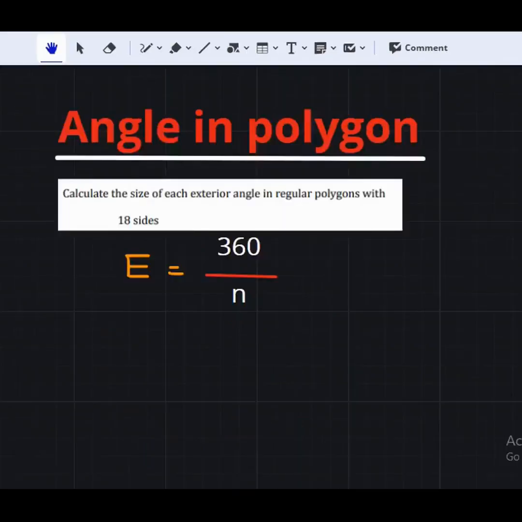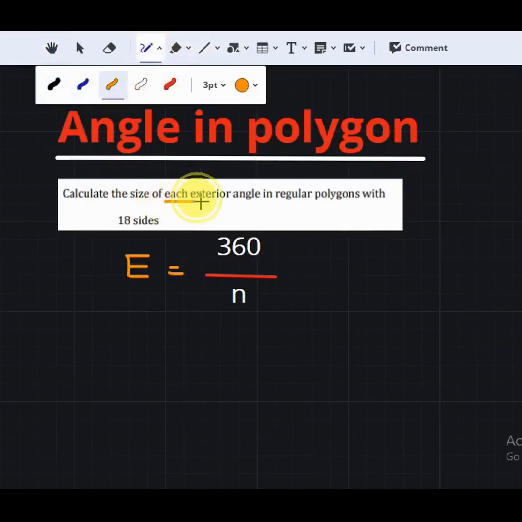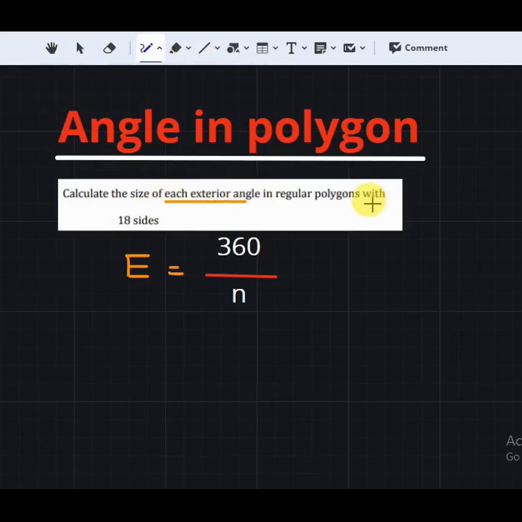Now I will explain how to find the size of each exterior angle when the number of sides is given. Let's have a look at this example. He's saying calculate the size of each exterior angle of a polygon with 18 sides. So it means that n is equal to 18.